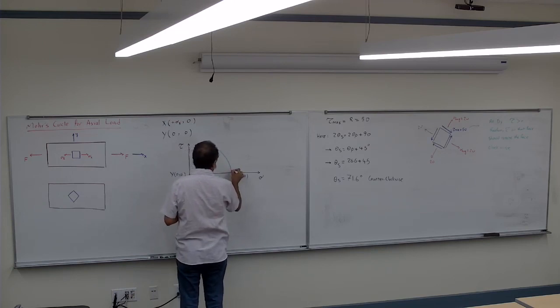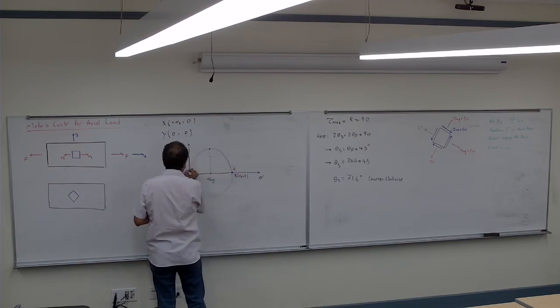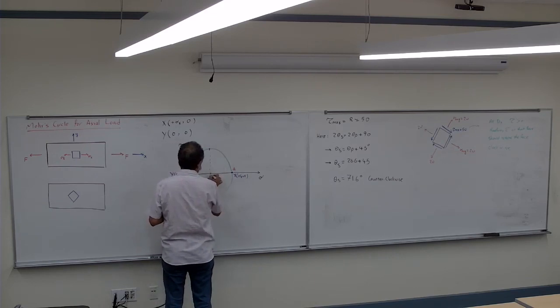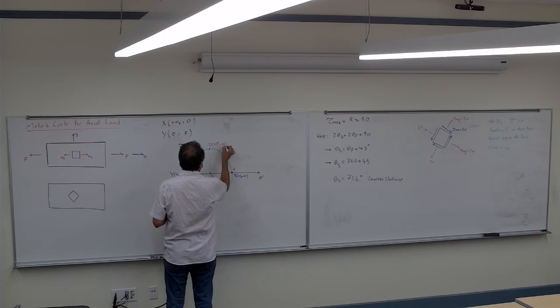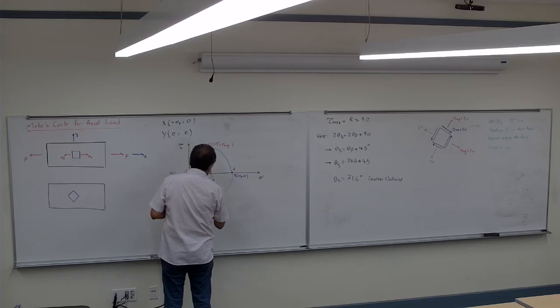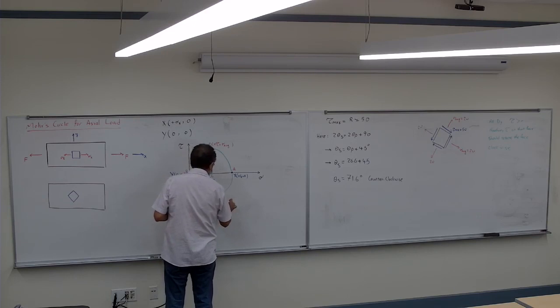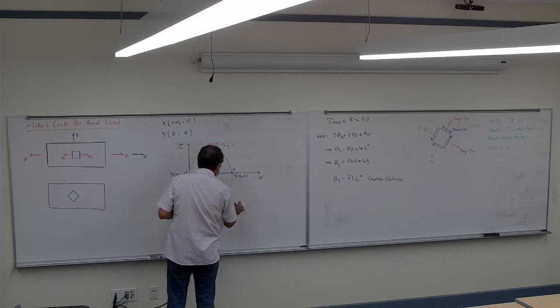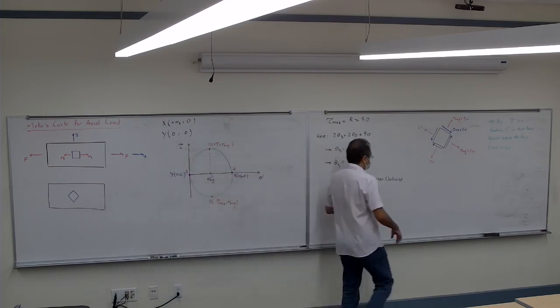So that's again my point A, my point B, that's the center, that's the E, that's the D, which is the plus tau and sigma average, and if I come down here, it's going to be the E, which is negative tau max and sigma average. What's the positive tau max and sigma average?